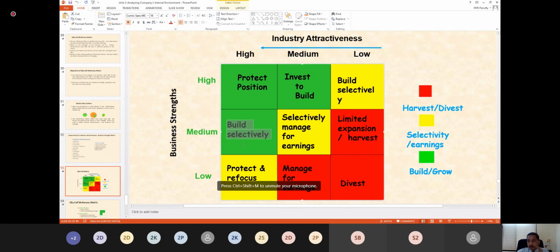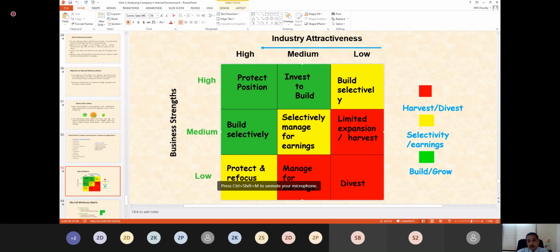Selective type of strategy we will use. We will identify only those particular businesses which have high industry attractiveness, and then selectively we'll focus on few opportunities so as to get the benefit from those opportunities.